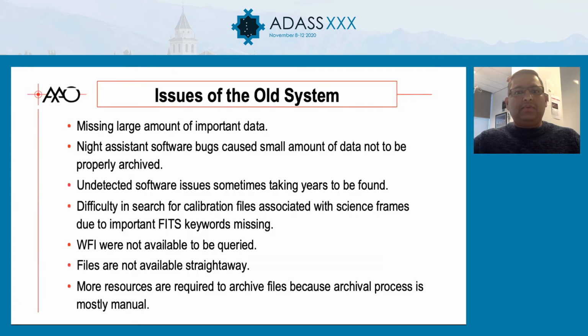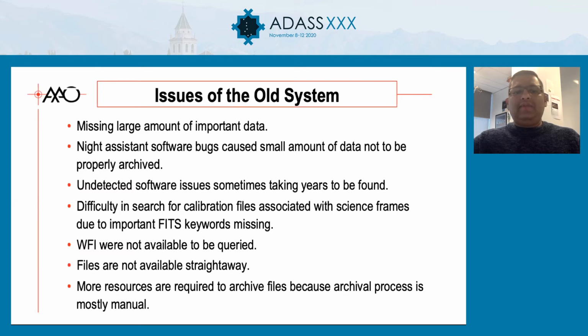So the problems in the old system: there was a lot of missing data, and as you can understand, the software had bugs. In fact, there was a bug which took a few years to be detected, and during all those years, some important data were missing.